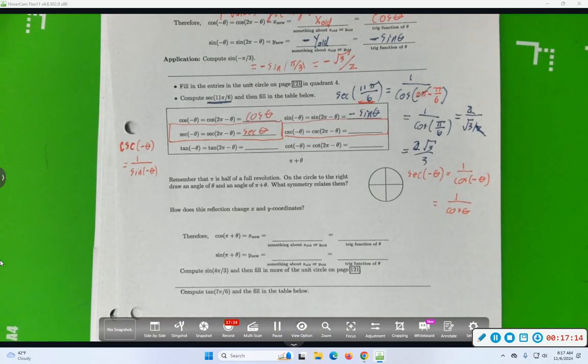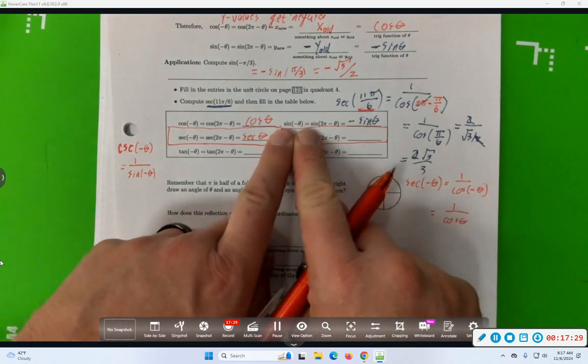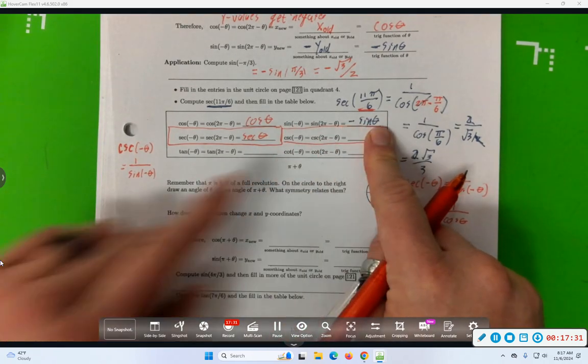All right. So now I see sine of negative theta. That's something that I know something about. What can I do with a negative inside of a sine? Yep, because this rule says sine of negative theta is the same as negative sine theta.